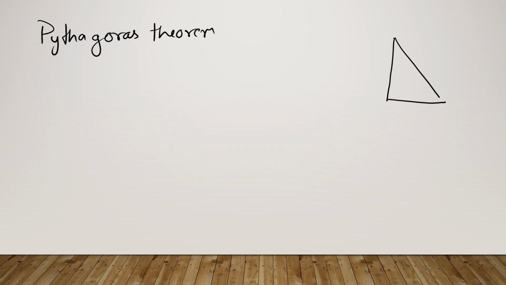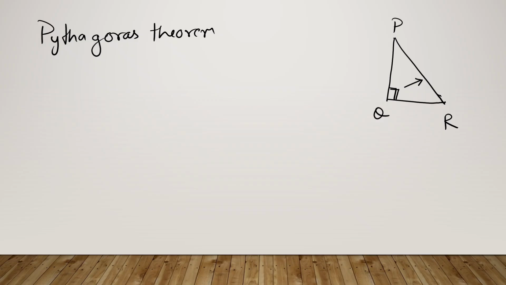Now we will move on to the concept related to the Pythagoras theorem. Let's see what it is. We will consider the simplest form. If it is the right angle triangle and it is named PQR, then of these three sides, it is quite obvious that the side in front of the greatest angle, which is the 90 degree angle, will be the longest side.